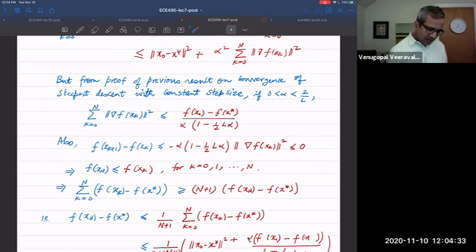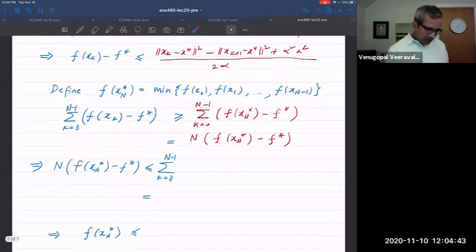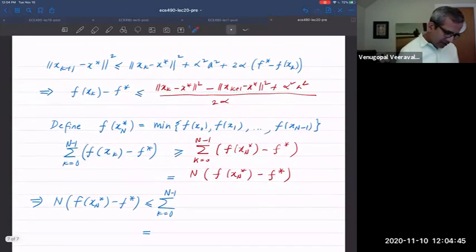And in our proof now, we have replaced this xn by xn star. So to the left-hand side, when you sum them up, you get something that's bigger than this.